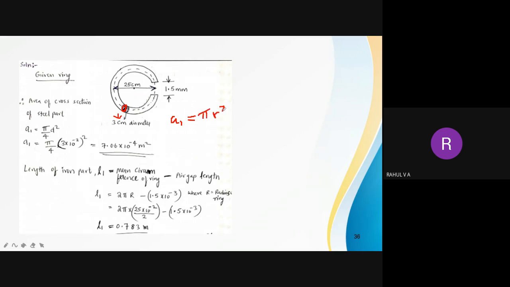r square. Or I can rewrite pi, instead of r writing diameter by 2, pi d by 2 square. Or I can write pi by 4 into d square, because 2 square is 4. So d is 3 into 10 raised to minus 2 meter.